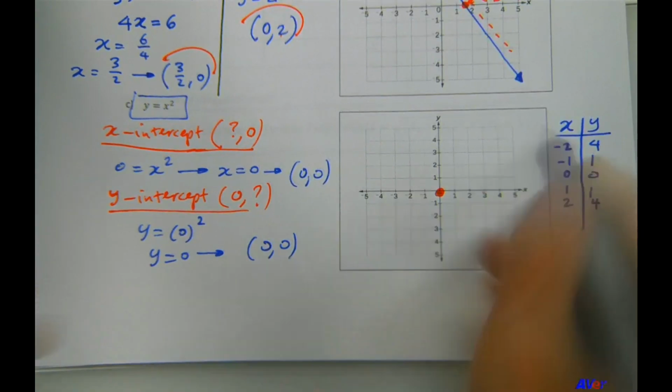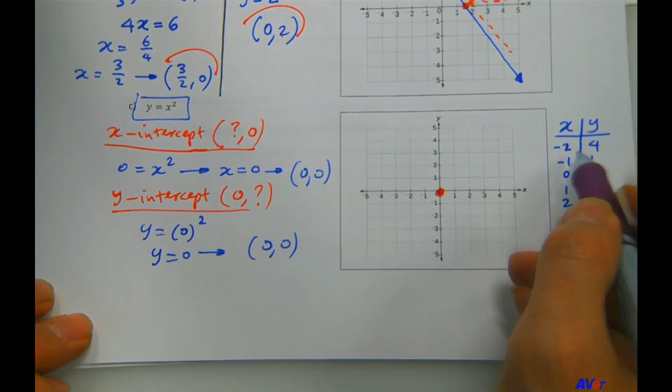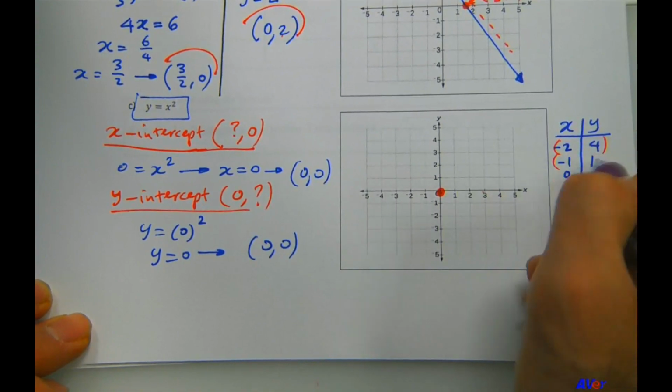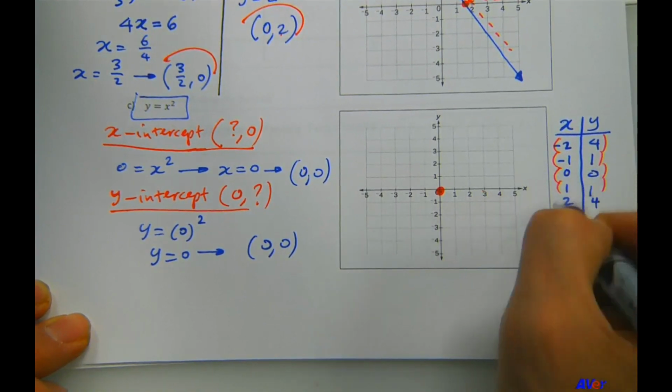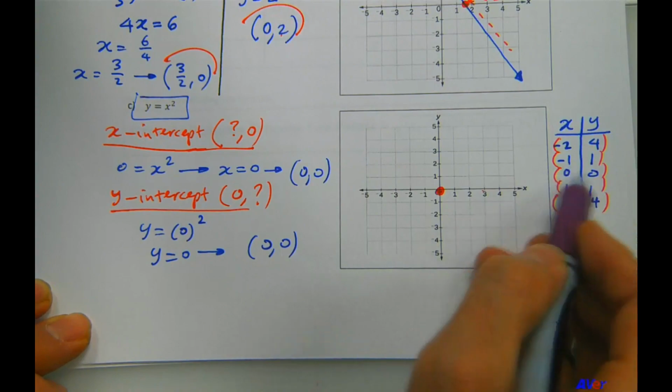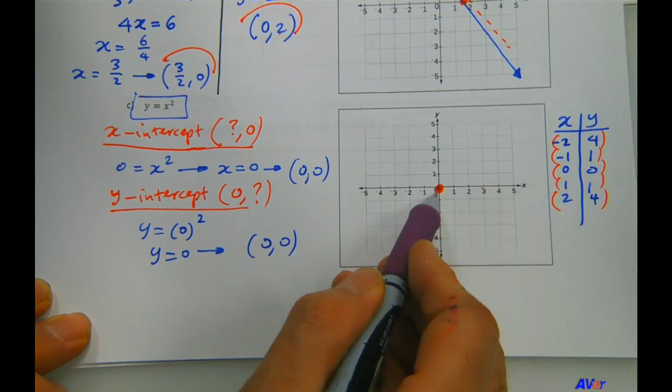So let's plot these. These are the x and y. We found 5 points, one of which is 0, 0. That one.